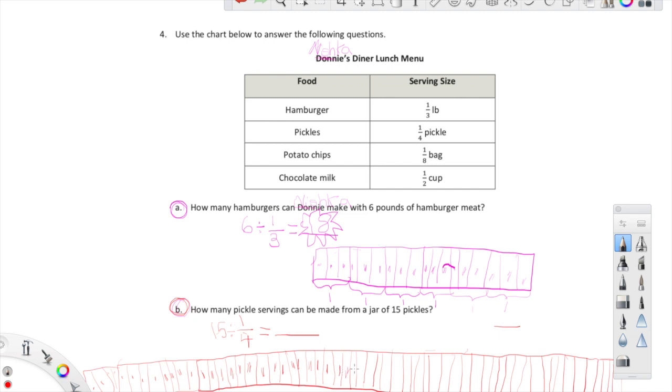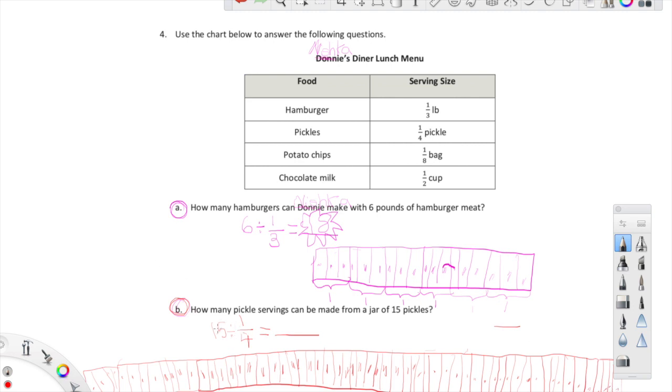This is definitely a big number. Okay, 29, 30, 31, 32, 33, 34, 35, 36, 37, 38, 39, 40, 41, 42, 43, 44, 45, 46, 47, 48, 49, 50, 51, 52, 53, 54, 55, 56, 57, 58, 59, 60.